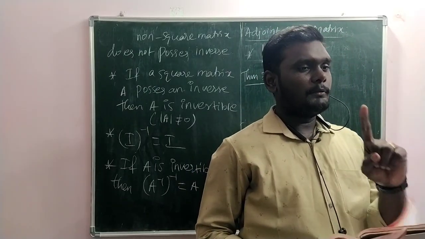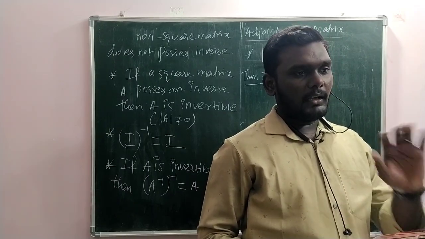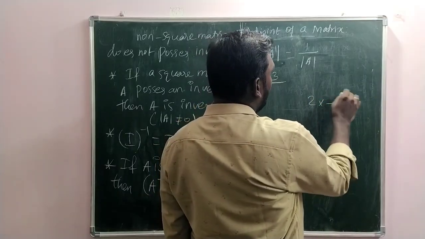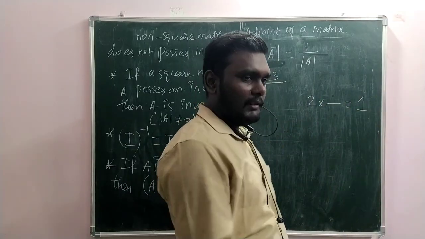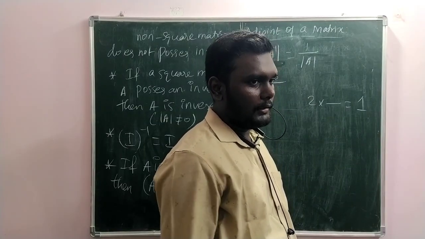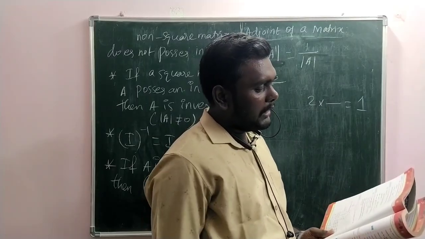Okay, one and only one inverse means what? The inverse is unique. Only one matrix is the inverse of a matrix. So what will be multiplied with 2 to get 1? 1 by 2. Any other thing? No, right? That is the thing. So the inverse is unique. Okay. That is what theorem 3.3 says.